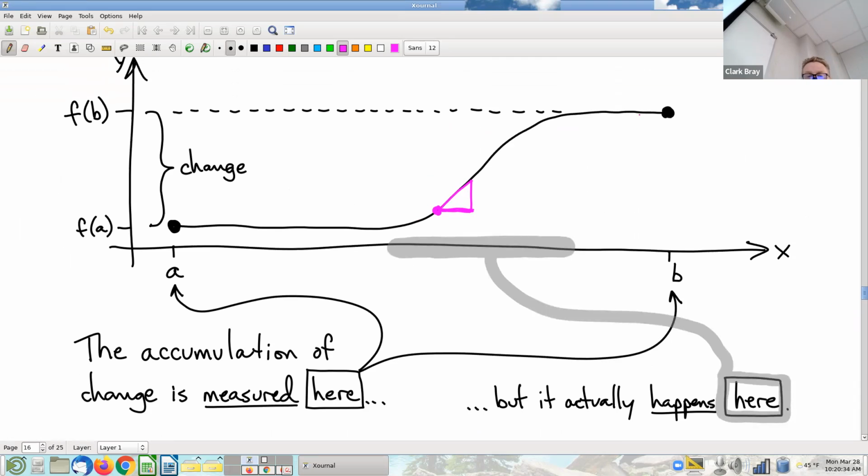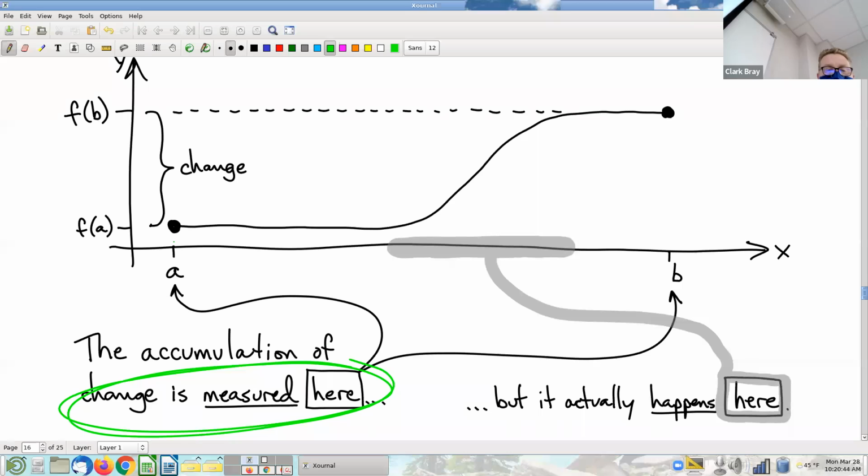And I make the following observation that you've already got written down here: while I view change by measuring it at the endpoints, I view change as happening at the endpoints because, well, that's where I see it. That's where I measure it. That's where you detect it, you might say.